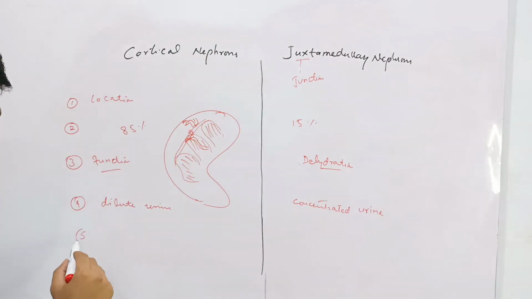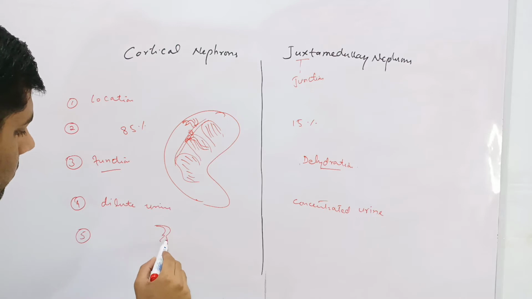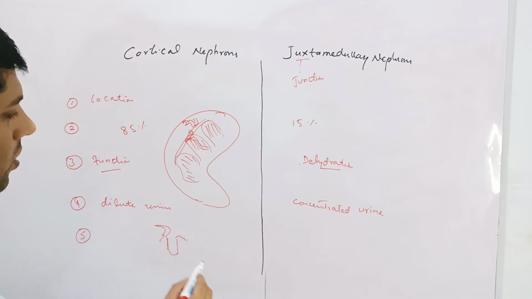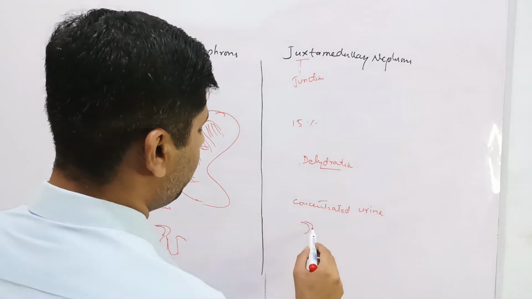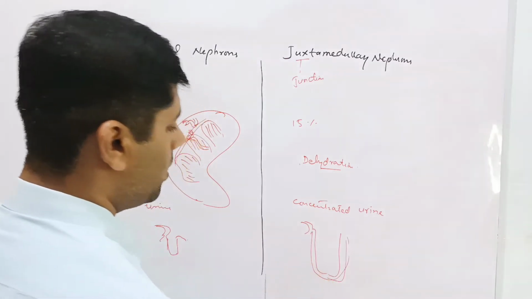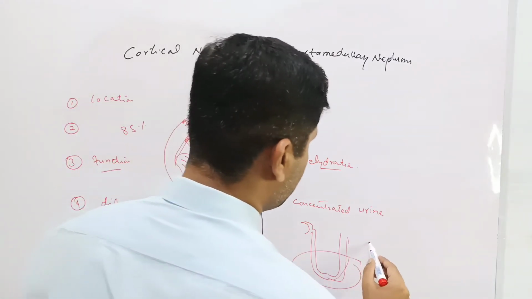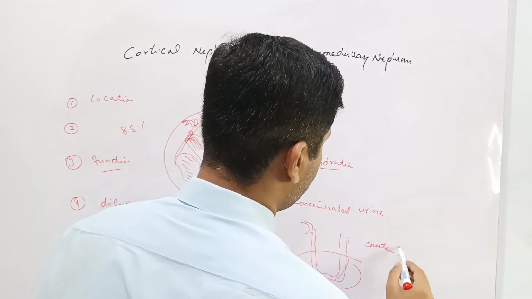So the next difference between cortical and juxtamedullary nephrons is that the cortical nephrons have a short loop of Henle, while juxtamedullary nephrons have a long loop of Henle. And we know that in the loop of Henle there is a mechanism called the counter current multiplier mechanism.